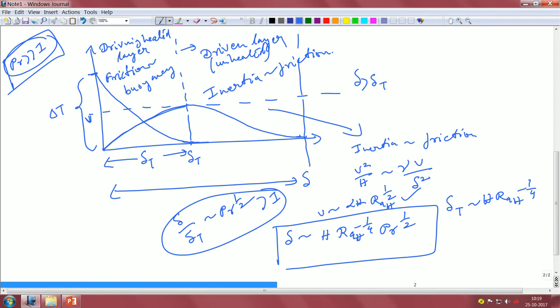Therefore, unlike in a momentum boundary layer, the velocity boundary layer is determined by two scales. One is your delta and one is your delta T. This is obvious because your momentum equation now has the inbuilt temperature, the inbuilt body force term.